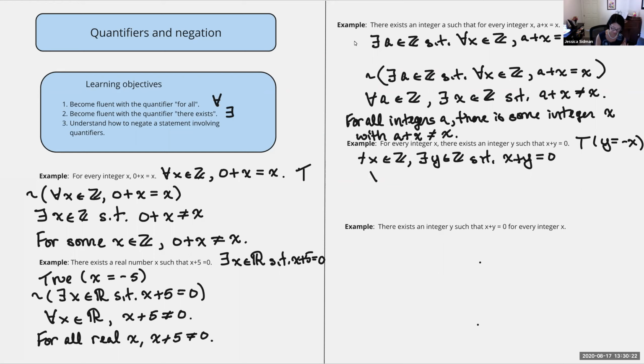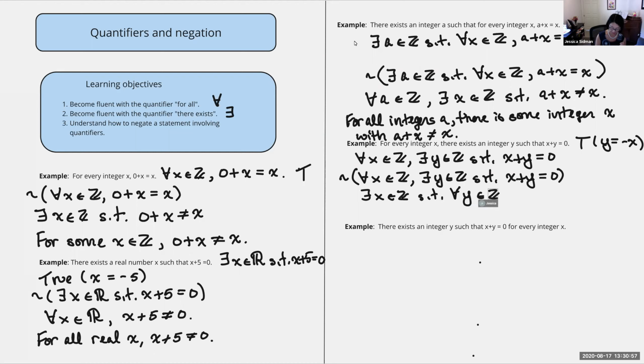Let's see if I can do this again. I'm going to do this little copy paste thing so I can negate it quickly. So when I negate this statement, this statement says for all integers x, there's some y so that x plus y is 0. It's not true if for some x, so there exists an integer x, such that for every integer y, x plus y is not 0.